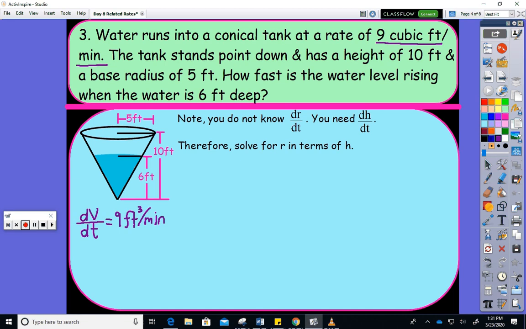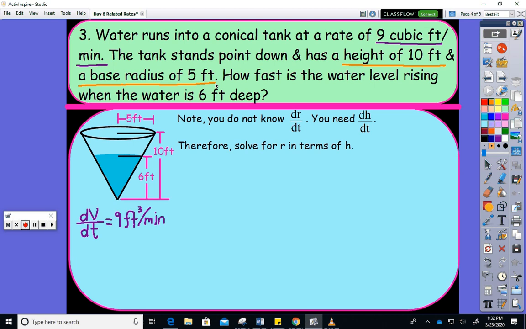The tank stands point down and has a height of 10 feet, a base radius of 5 feet. Okay, now this is important. I'm not going to write it down, but we're going to come back to it. The fact that it has a height of 10 feet and a base radius of 5 feet tells you that the height is double the radius, or the radius is half of the height.